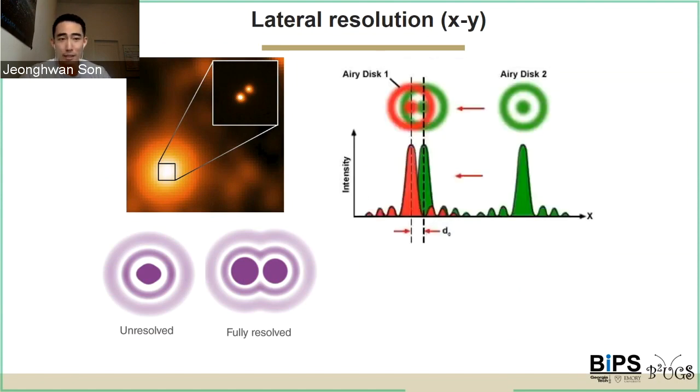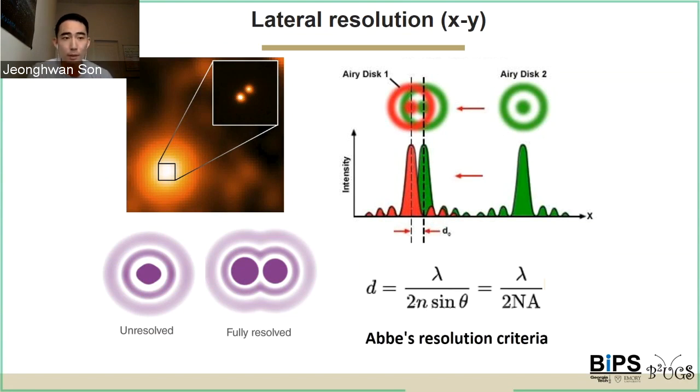At a certain distance, which is the smallest resolvable distance, 2 sources can be resolved as 2. The distance is calculated by Abbe's resolution criteria. Interestingly, the 0 of the red graph is at the center of the green graph, so that distance is identical to each fluorophore's maximum in this criteria.